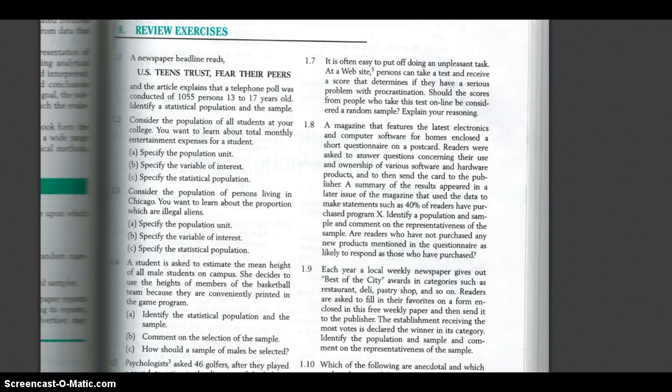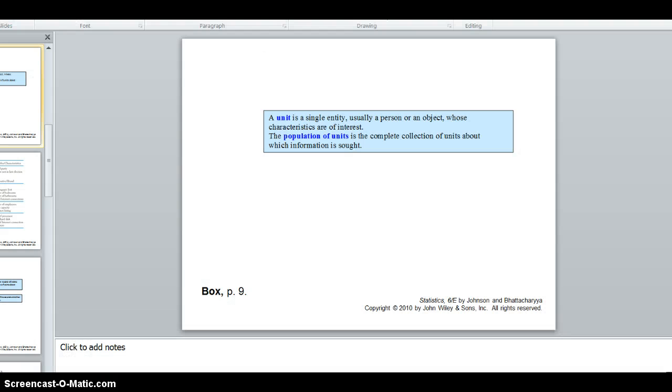So in this question, we want to know these three concepts: the population unit, the variable of interest, the statistical population. By the definition, the first one, the population unit. A unit is a single entity. You can say population unit or just a unit.